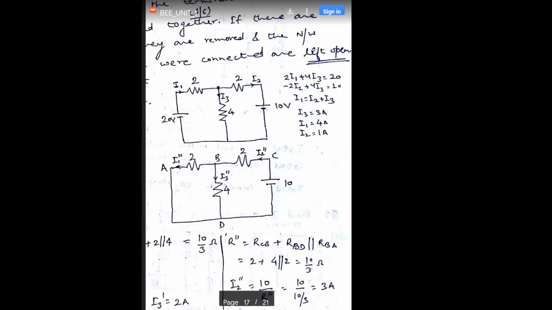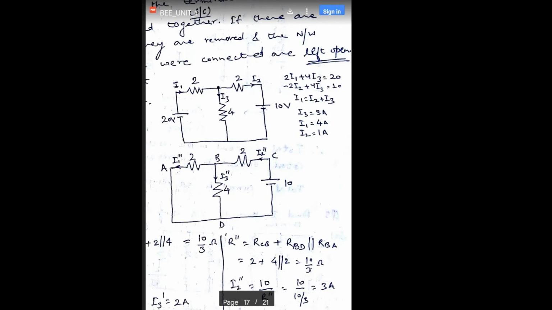So the simplest one is to calculate using KCL and KVL. But if you find any other theorem which is more useful and easy, you can apply that as well.